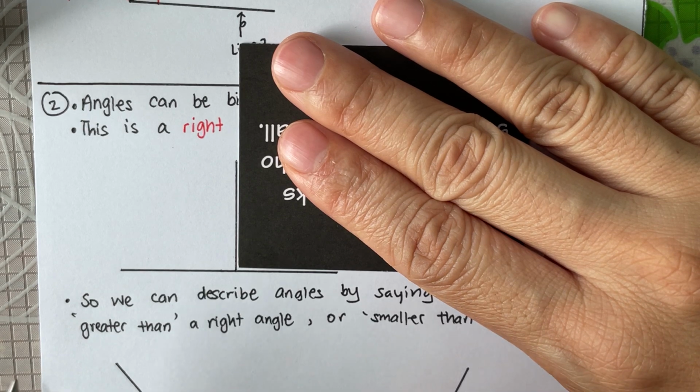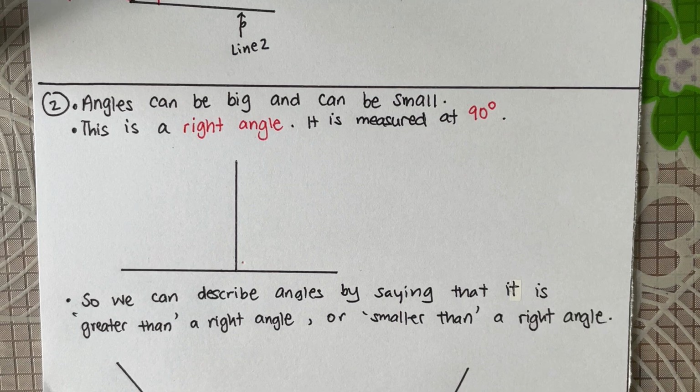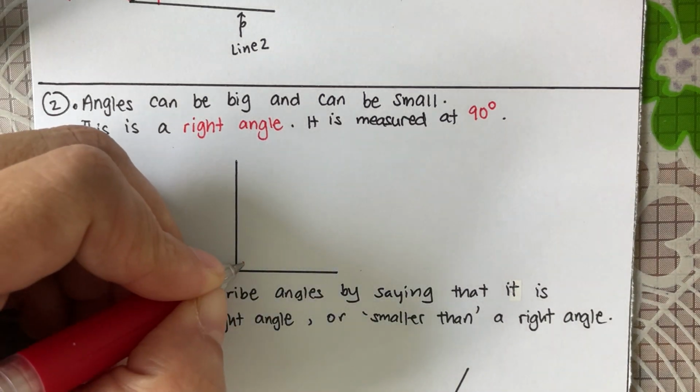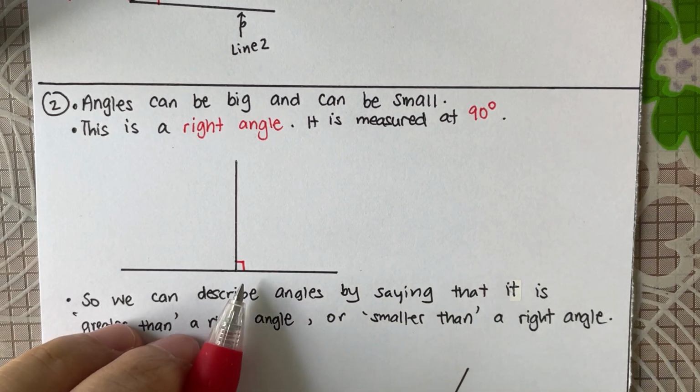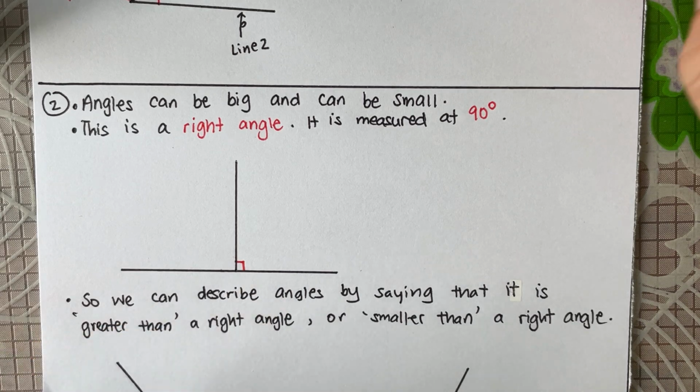Or the side of a page of a book, the edges of a book, that could also prove to you if two lines meet each other at a right angle. Alright, this is what I call a right angle, and the symbol to mark a right angle is something like that. Okay, so whenever you see this particular symbol, this is 90 degrees or a right angle.